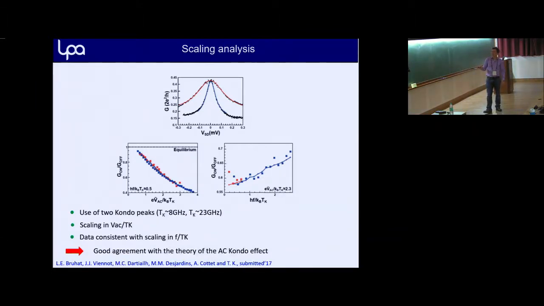For the frequency, since it's a much larger Kondo temperature, even the span of 20 gigahertz which we have becomes small. Of course, we have fewer points, so we can only say that this is consistent with scaling as a function of f over TK. But nevertheless, at least the level is right. It's exactly where we would expect it to be for the conductance plots.